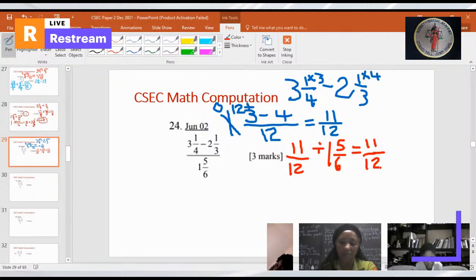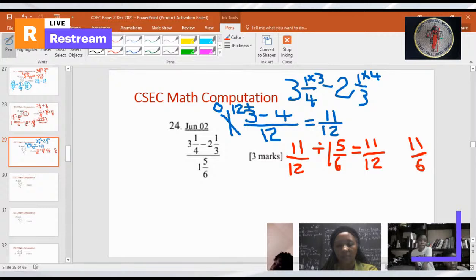And the 1 and 5 over 6 changed to an improper fraction would be 11 over 6: 6 times 1 plus 5 is 11. So I write 11 over 6. Yes, miss.